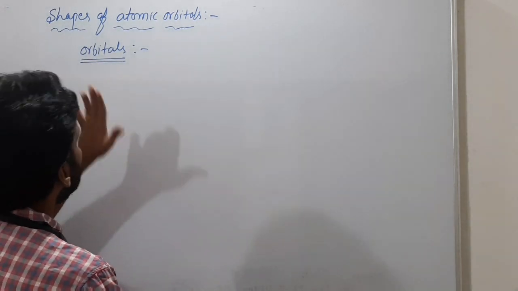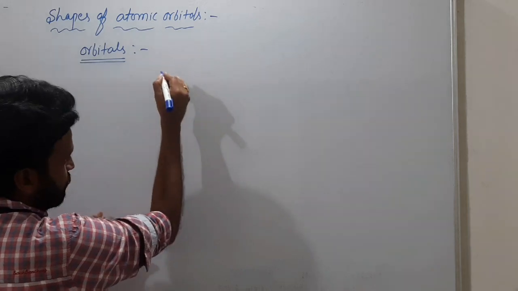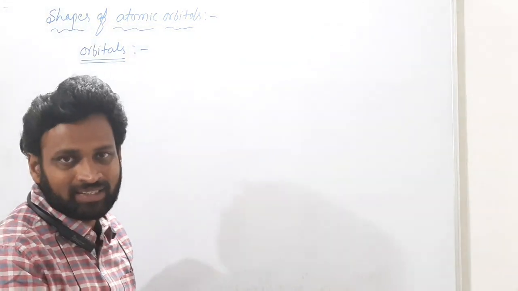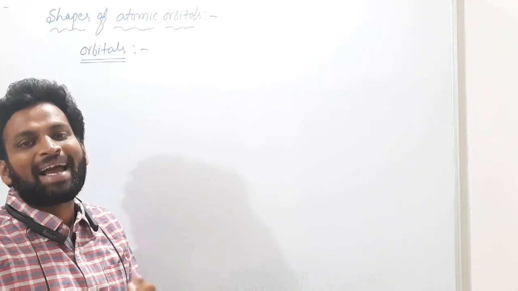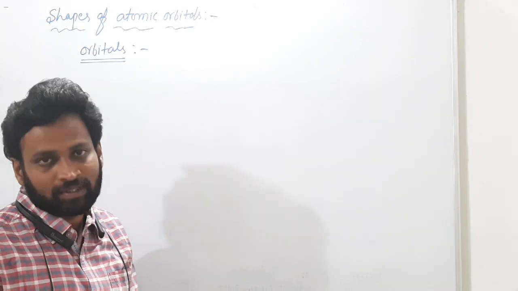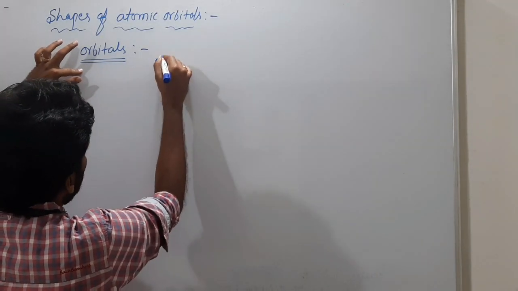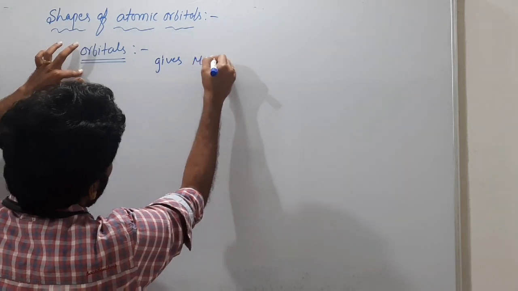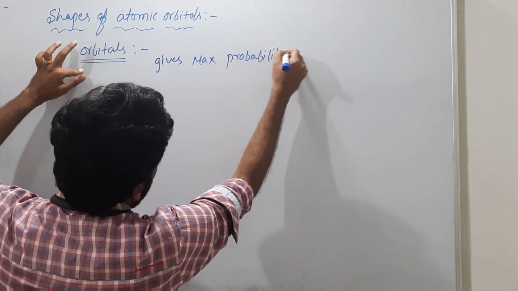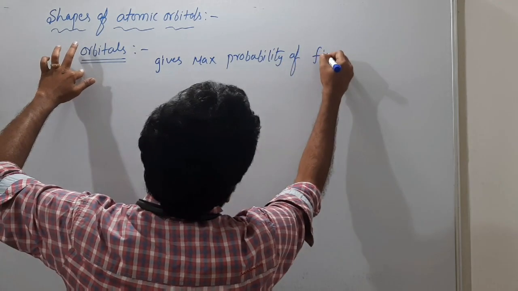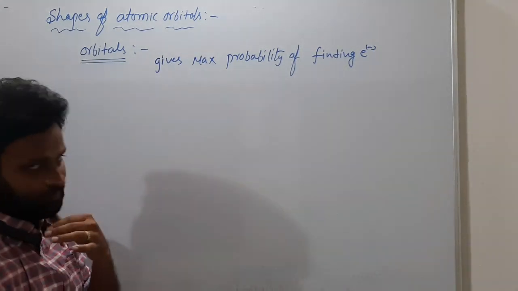So what exactly does orbital mean? The space around the nucleus in which the probability of finding an electron is maximum, about 95%, is called an orbital.